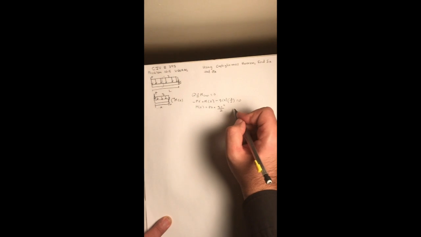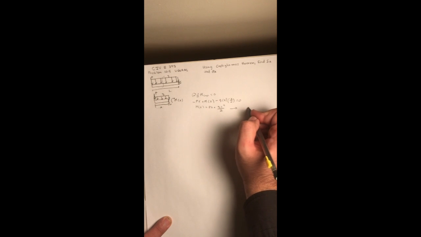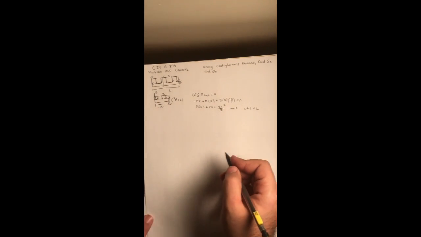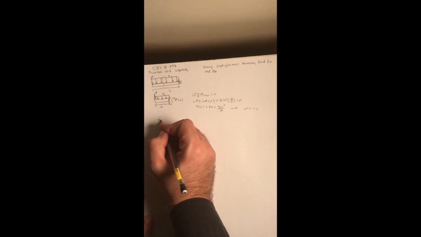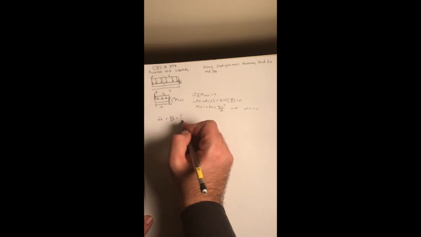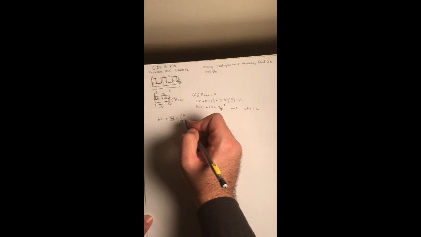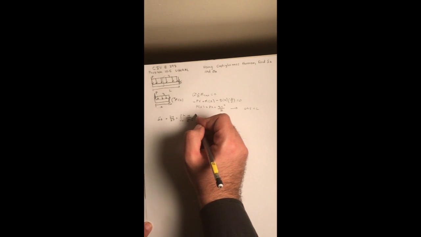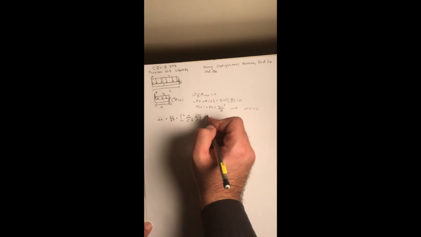And we know this is from 0 to L. So now we're going to have to use Castigliano's theorem to find the deflection, which is dU over dP equals the integral from 0 to L of M over EI times the derivative of M with respect to P, dx.